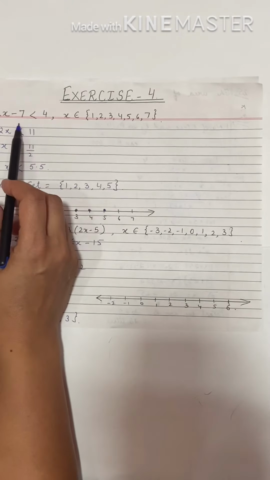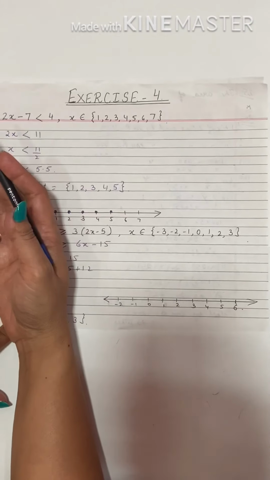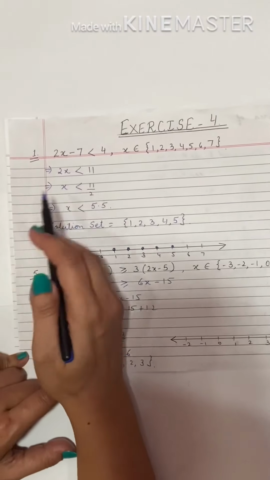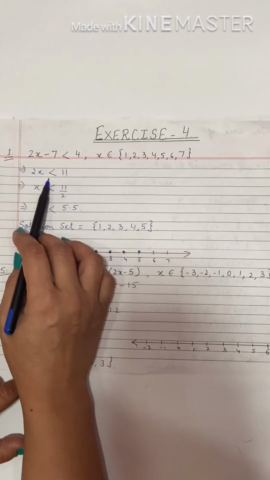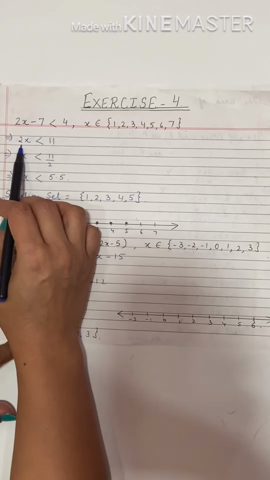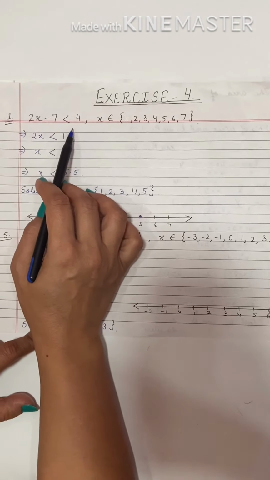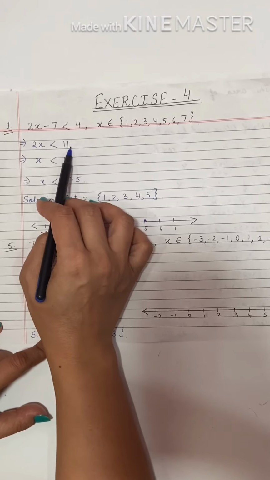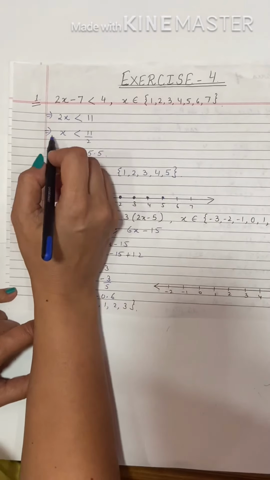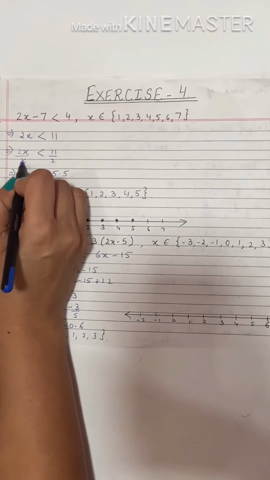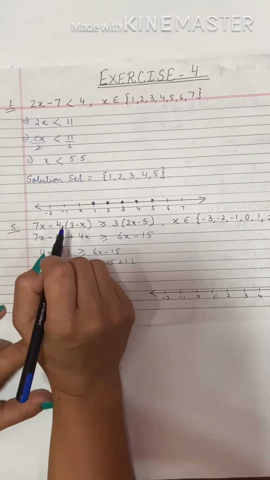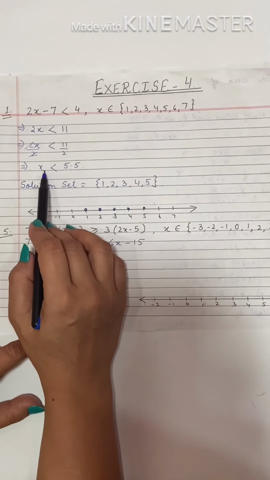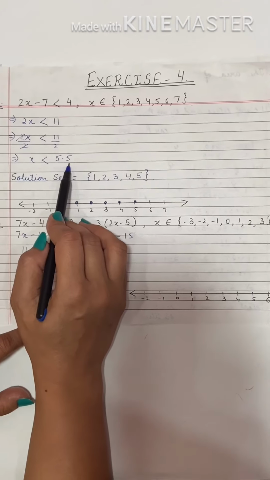For solving this, we do the same thing as for a linear equation: the variables on one side and the constants on the other side. I have kept 2x on the left hand side, and when you take 7 to the right hand side, it will be 4 + 7, that is 11. Dividing both sides by 2, we get x < 11/2, which simplifies to x < 5.5.